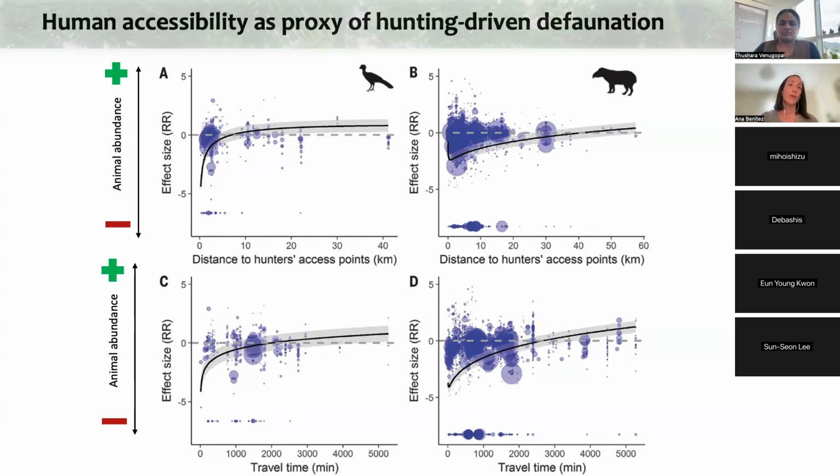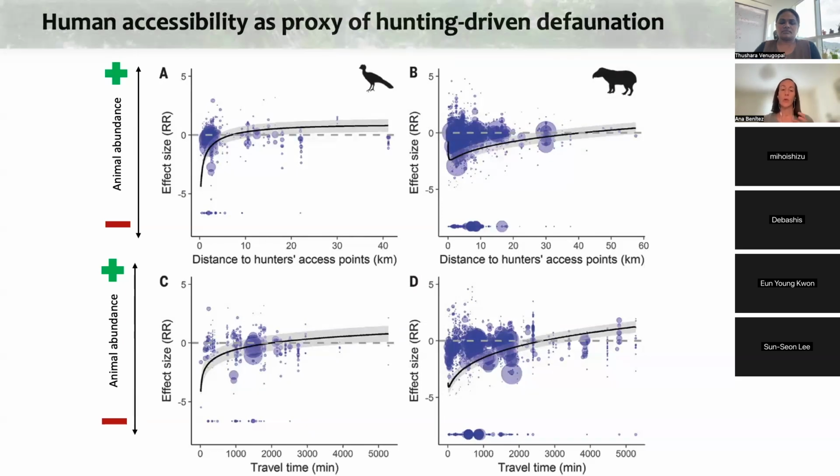And then we also looked if we could find a relationship with basically travel time to any major city. So a city over 50,000 inhabitants, so not a rural settlement, but a city where the wild meat and the wild product could be commercialized.